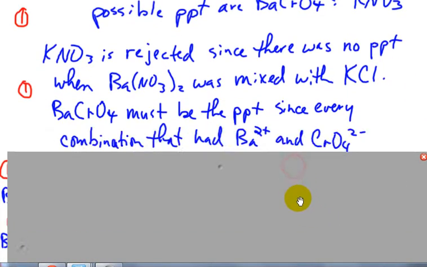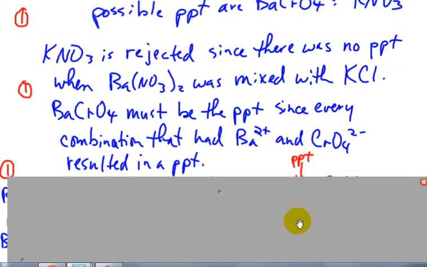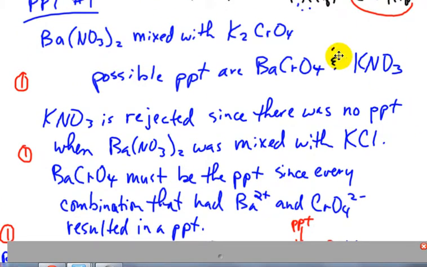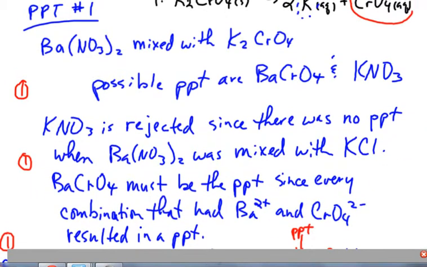So what we say there is every combination that barium and chromate were together, I had a precipitate. Okay, so that's how you get 2 marks there, saying what the possible precipitates are, and then keeping one and proving that the other one is not a precipitate.